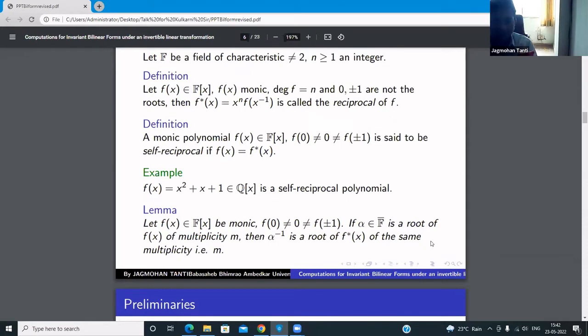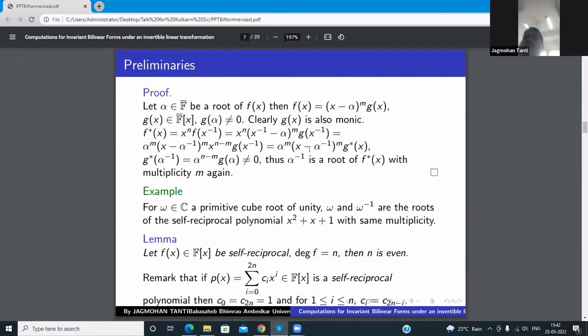Its proof we had obtained here. It's an elementary proof using polynomial theory.